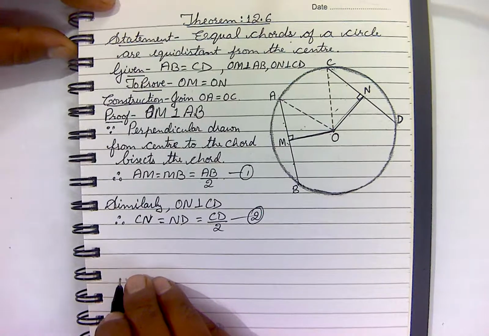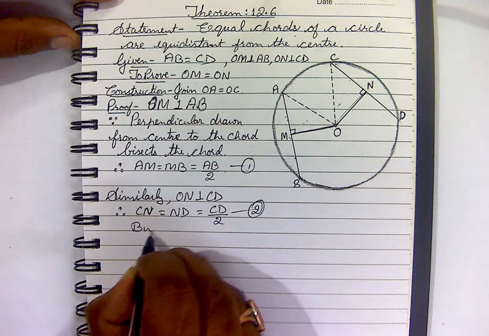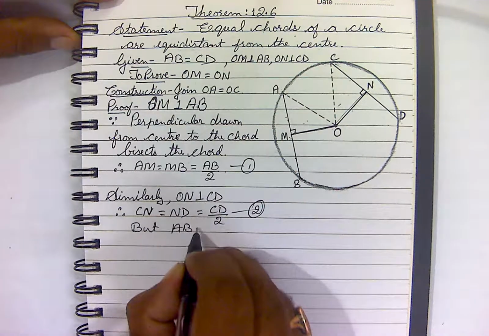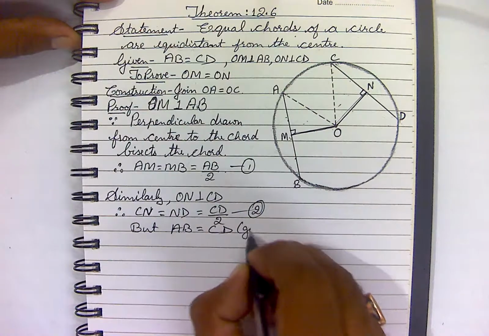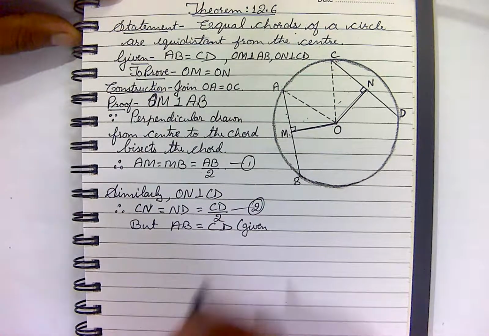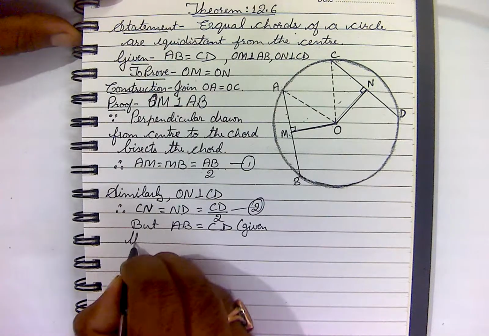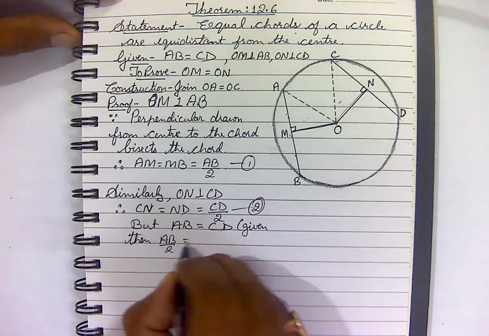Now we have AB equal to CD. If these are equal, then half of them are also equal.